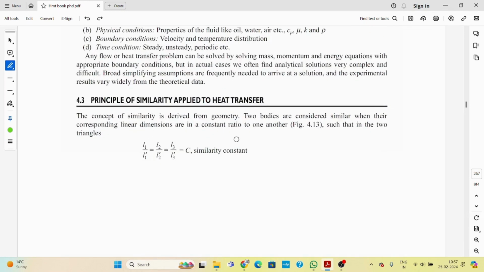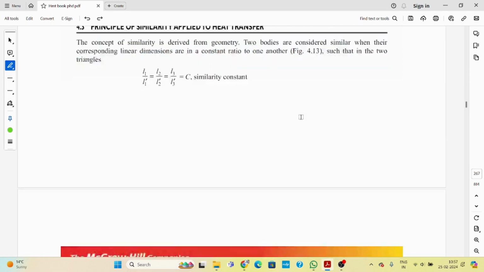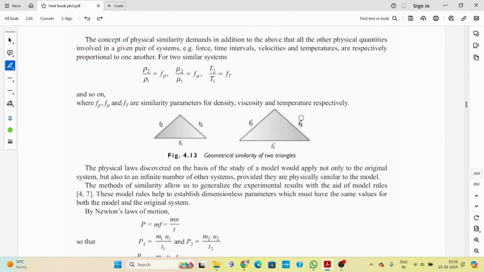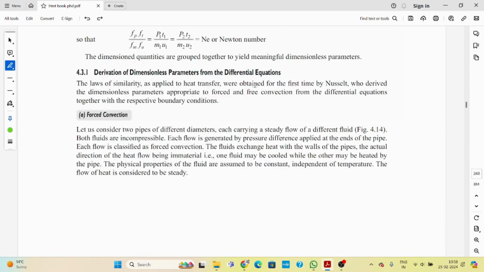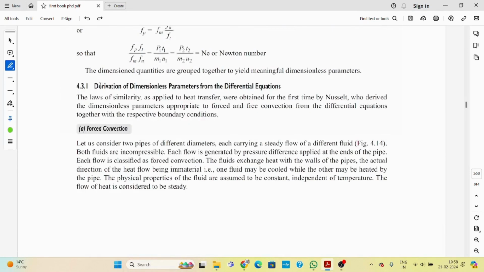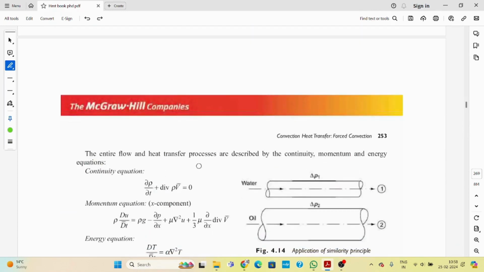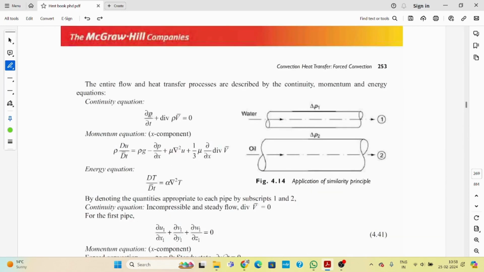Next, the principle of similarity. This is also a topic of higher study. For your subject, I don't think it's important because it's the derivative part. So for post convection, you can read here what is given. And here is the continuity equation: del rho by del t plus divergence of rho v.